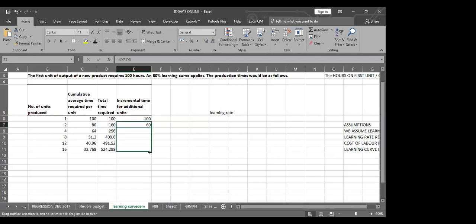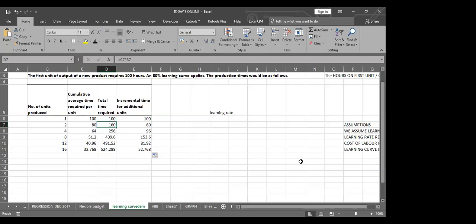And this will run subsequently like that, meaning this incremental, this incremental, this incremental. So incremental is a change from one point to another. Another name for incremental is simply change, which is here it changed from 0 to 100. So 100 came in, and then from 100 to 160, 60 came in, from here to here, and that's it. So we call that incremental.